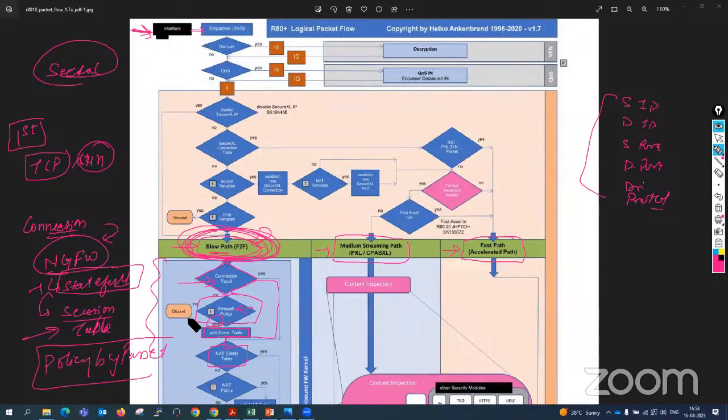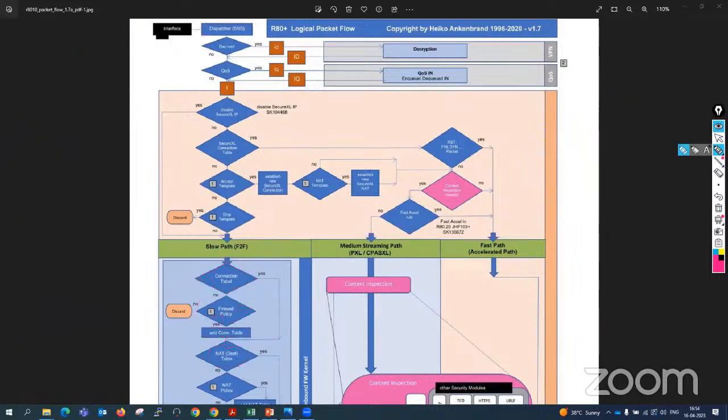Yes, sir. If it's your first time hearing terms like stateful inspection and session table, don't worry about it. We'll discuss this from scratch. So you understood that if the entry is in the session table, the policy lookup will be bypassed.